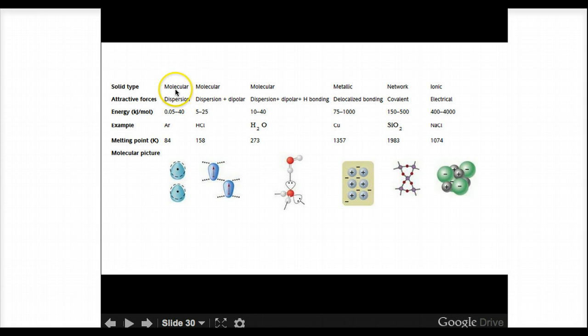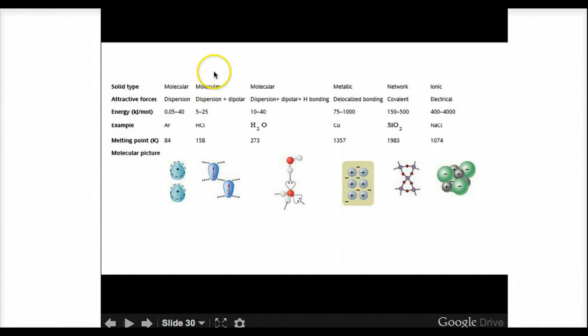We have molecular compounds. This is a fancy word for covalently bonded, because they make molecules, a definite finite number of atoms bonded to each other that act as a particle. And if you notice, dispersion forces are low. An example is argon, melting point 84 Kelvin.